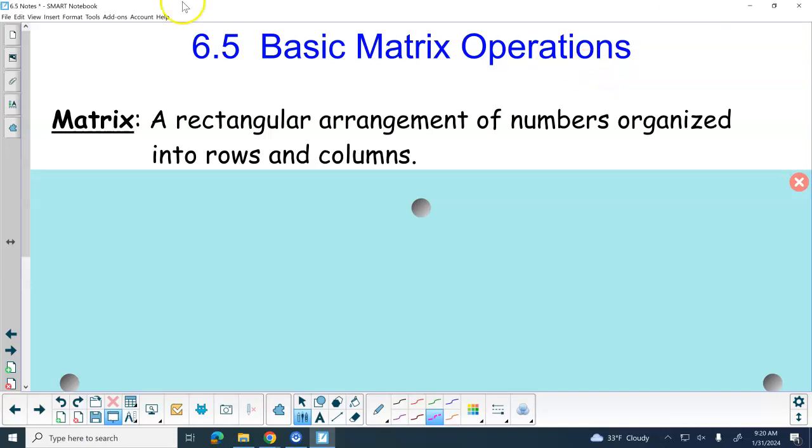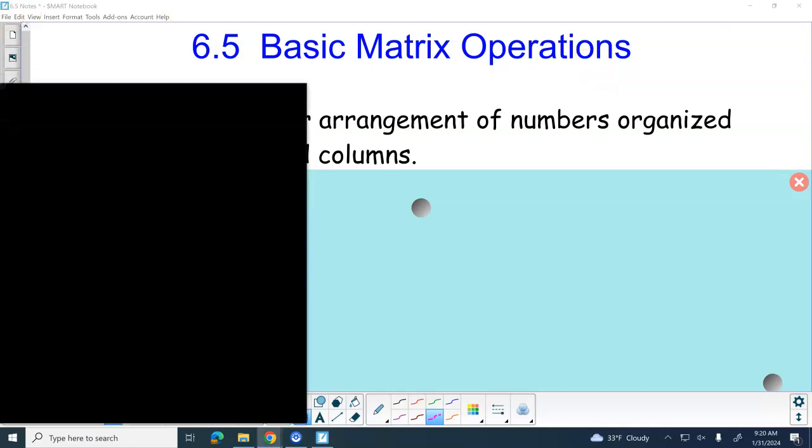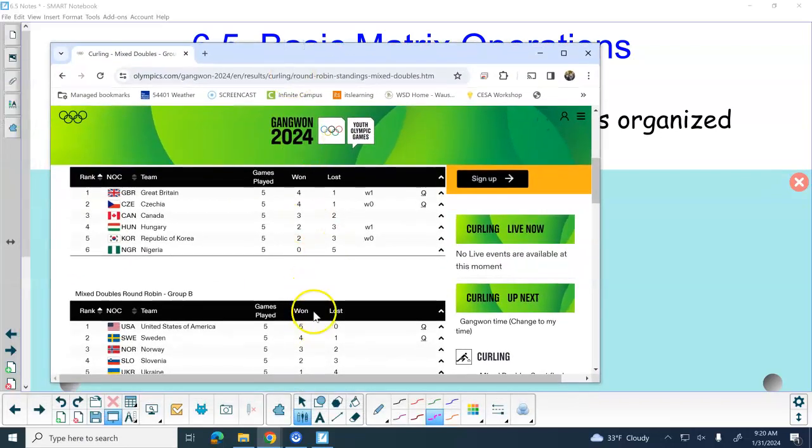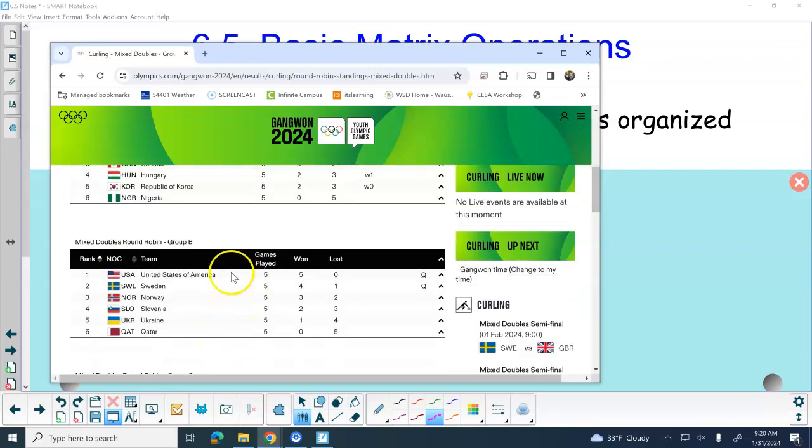Now we'll go with the brag. Okay? So where you see a lot of matrices is, for instance, at the Youth Olympics going on right now in South Korea. Here we've got basically a matrix for the games that they played, the matches that they won, and the matches that they lost.